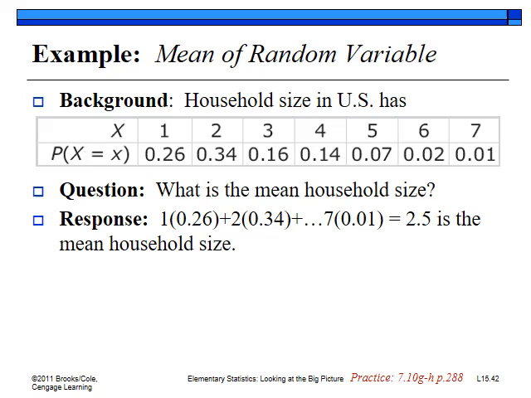Well, to compute the mean, we take each possible value for x and multiply it by its associated probability. Take the next possible value for x, multiply it by its associated probability, and so forth, and then add up all those results. That gives us a mean value of 2.5.